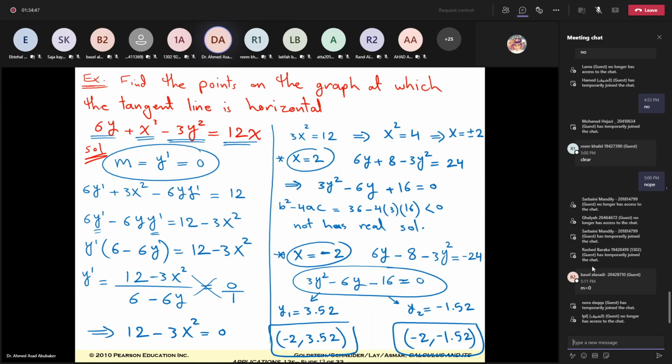This is the main application of implicit differentiation. Maybe find the y prime, find the value of the slope at a specific point, find the tangent line, find the point for a horizontal tangent line on this curve. Any question about this?